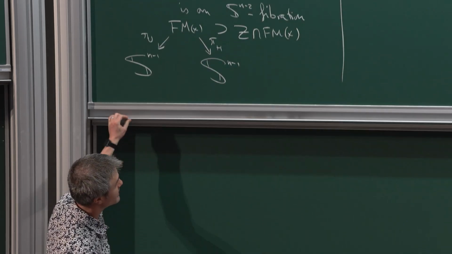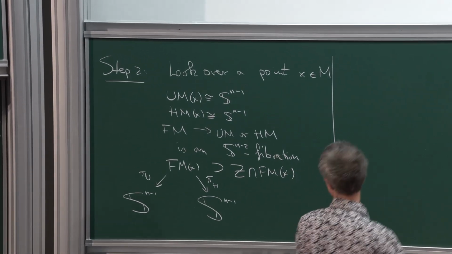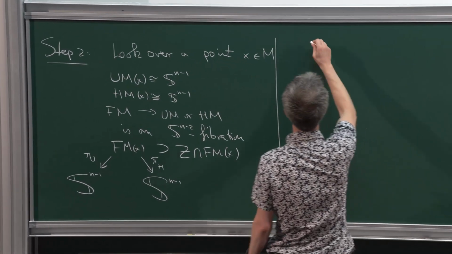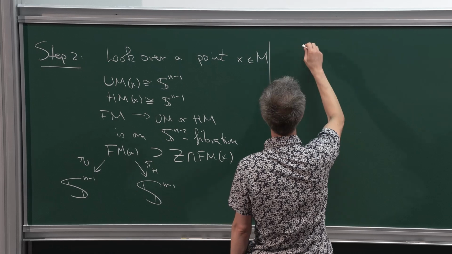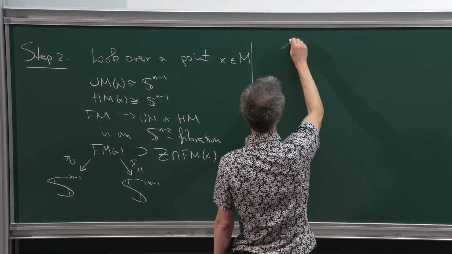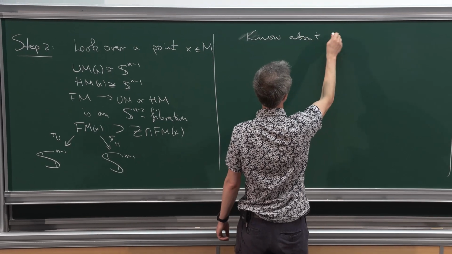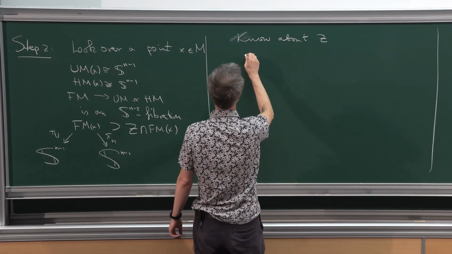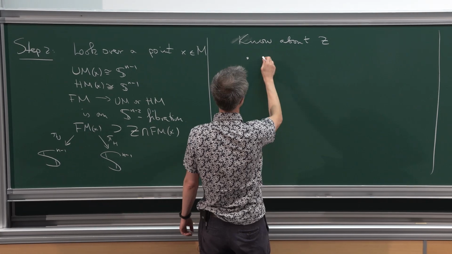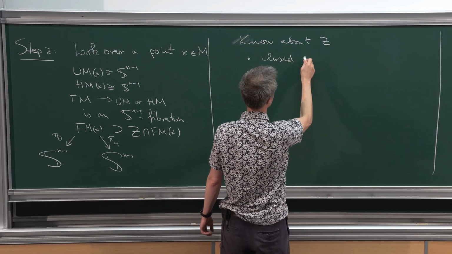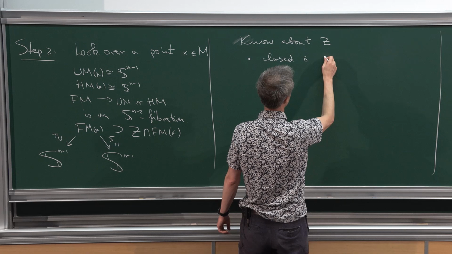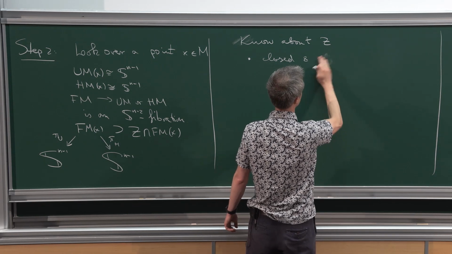So what do we know about Z? We know quite a few things. So it is closed and GT invariant.